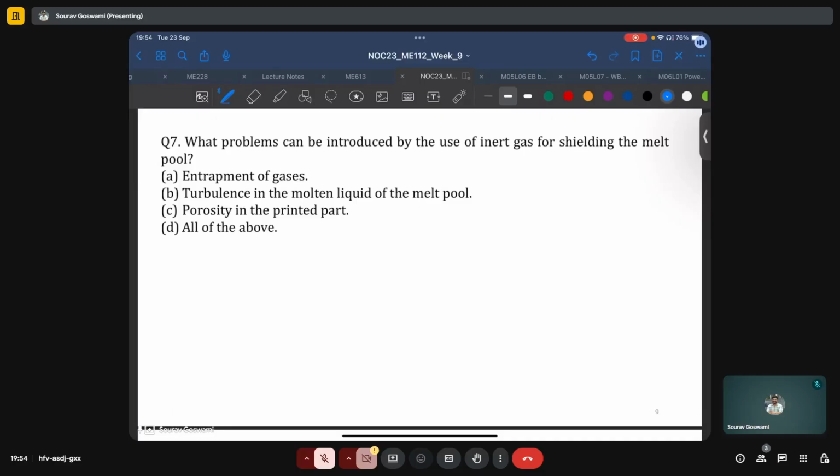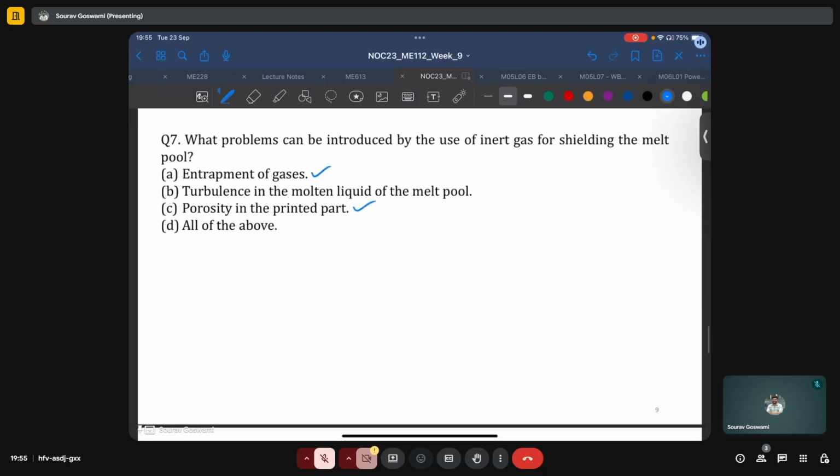entrapment of gases can, of course, be expected, also because the solubility of gases in liquid metal is much higher than in solid metal. This also leads to porosity in the parts because the gases are taken up or dissolved when the metal is molten, but as it solidifies, the solubility of gas in solid metal is considerably lower, and so these gases are liberated, leaving behind pores.